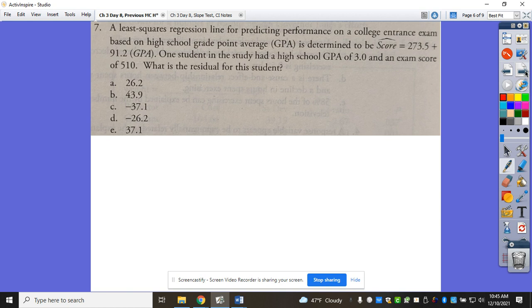Least square regression line for predicting performance on college entrance exam based on high school GPA is determined by the following equation. One student in the study had a high school GPA of 3.0 and an exam score of 510. So this is his what? Observed. And it wants to know the residual, so we have to do this minus predicted.